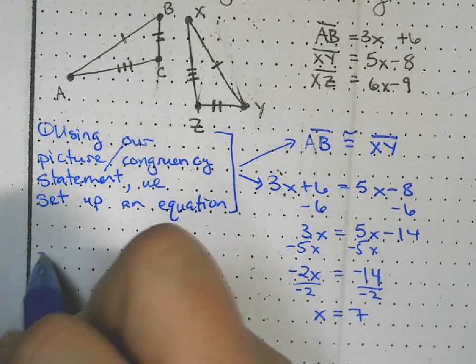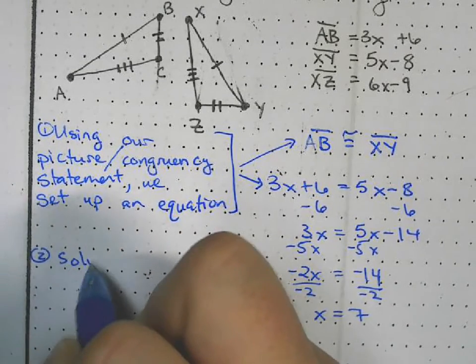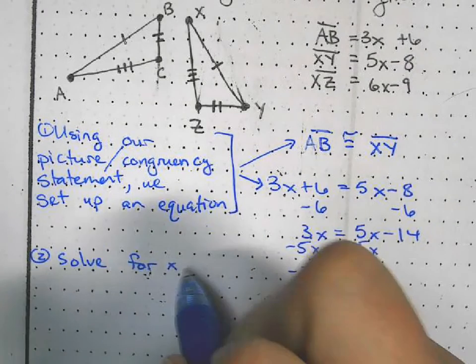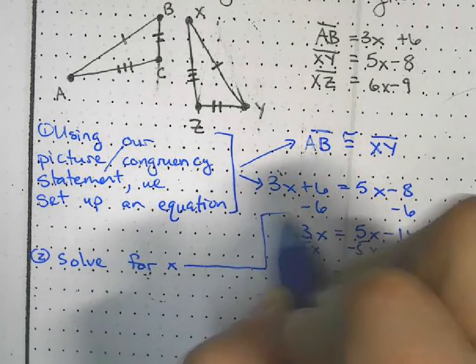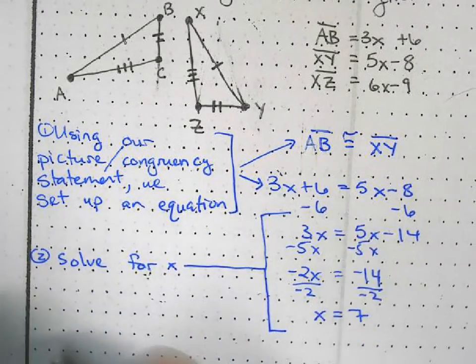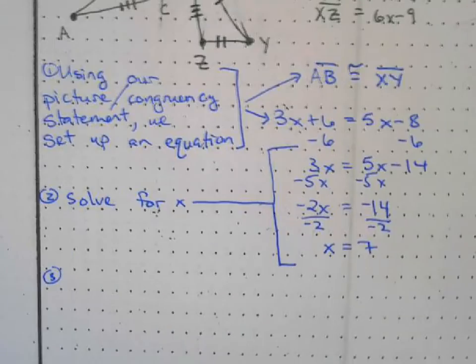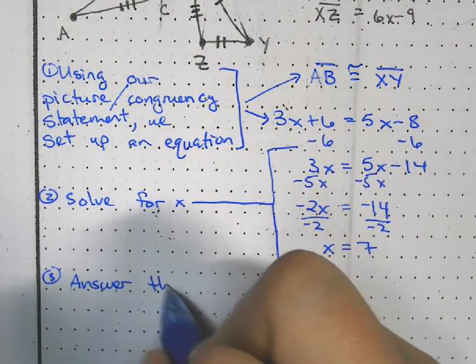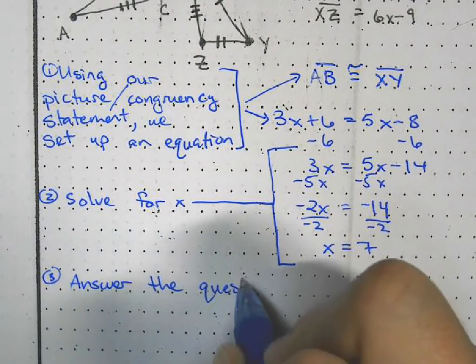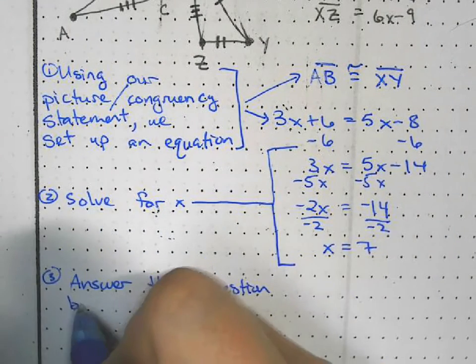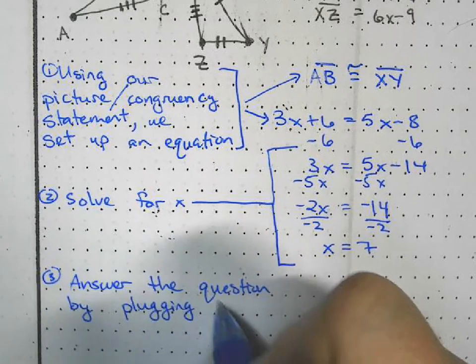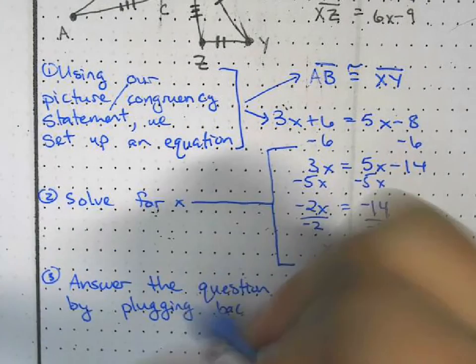Step 2 was solve for x. And then step 3 is going to be answer the question by plugging back in, by plugging x in.